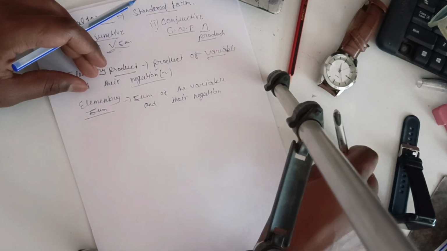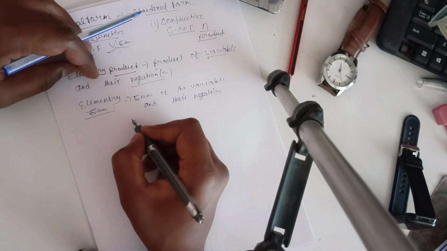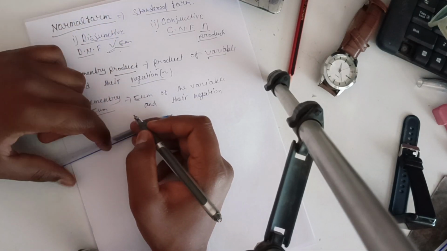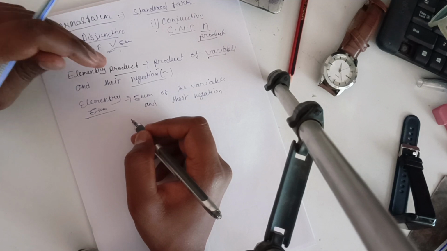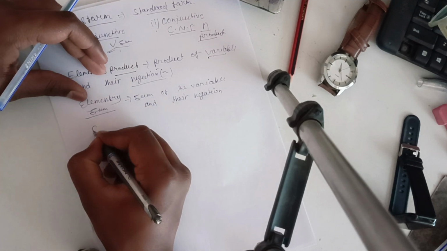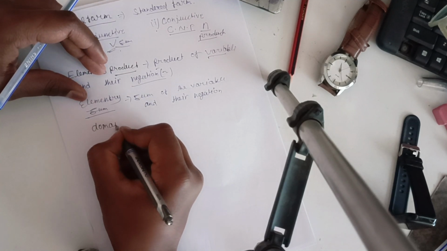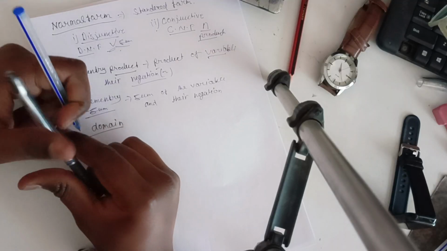Before this we were studying propositional logic, which is not enough to express the meaning of sentences. So now we have to study domain and quantifiers. You all know what a domain is.